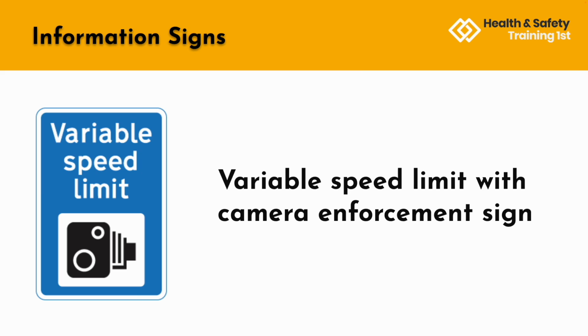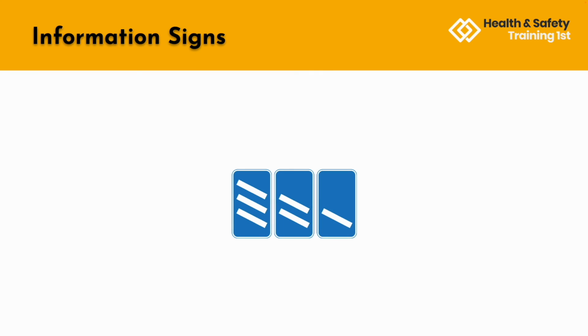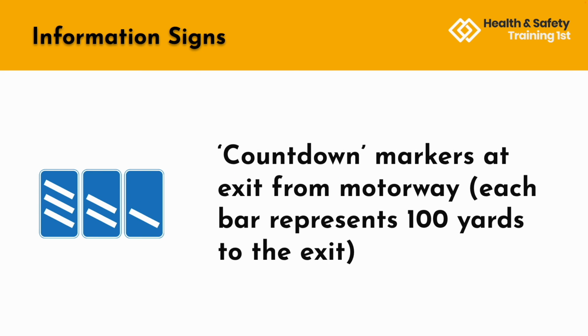Variable speed limit with camera enforcement sign. Countdown markers at exit from motorway. Each bar represents 100 yards to the exit.